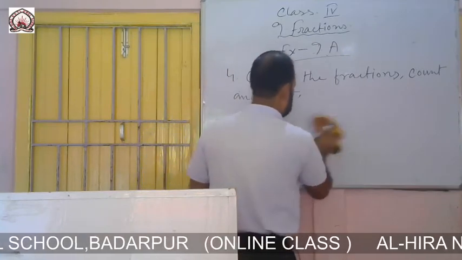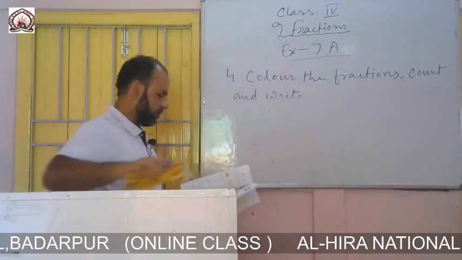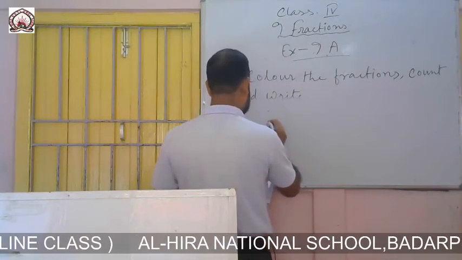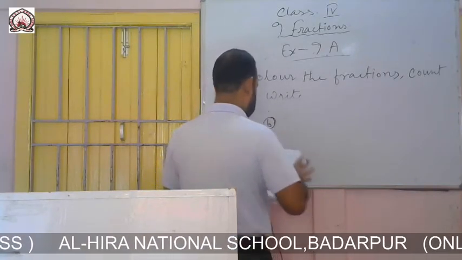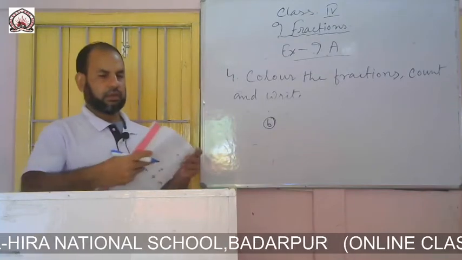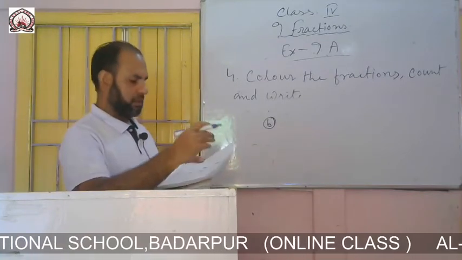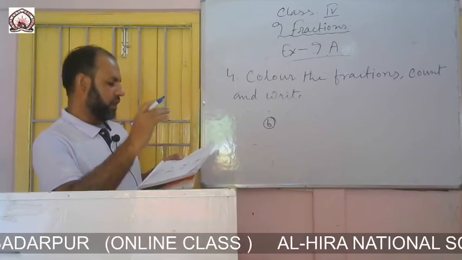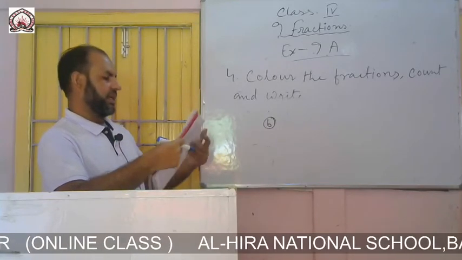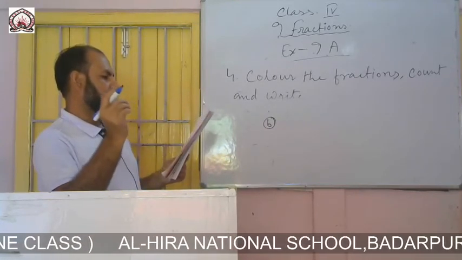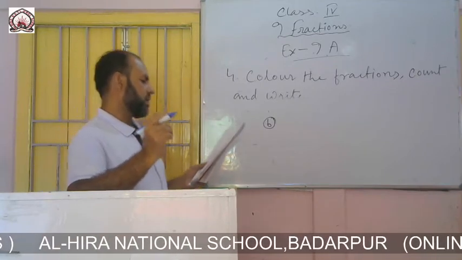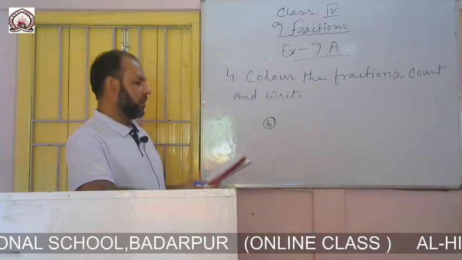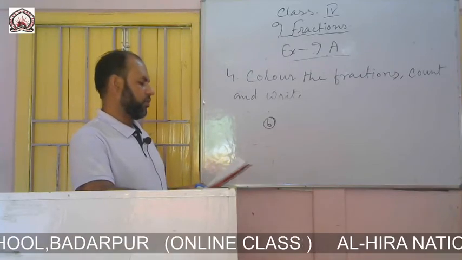Next, question number B. Look at this picture, question number 4B. For 12 rectangles are there, small 12 rectangles are there. Out of 12 rectangles we have to take out 1/3.